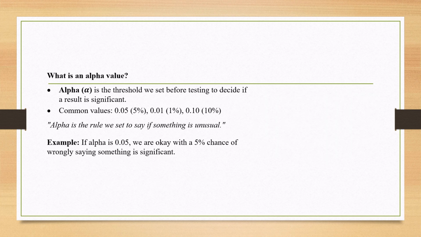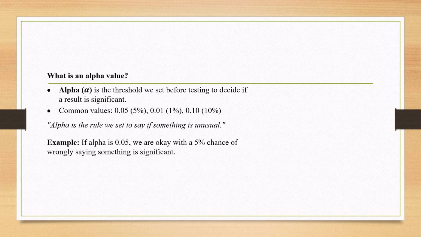Next, we come to the alpha value, often written as alpha in Greek symbol. Alpha is the threshold or cutoff that we set before testing. It tells us how much risk we are willing to take in wrongly rejecting a true null hypothesis. Common alpha values are 0.05, that is 5%, and similarly 1% or 10%.